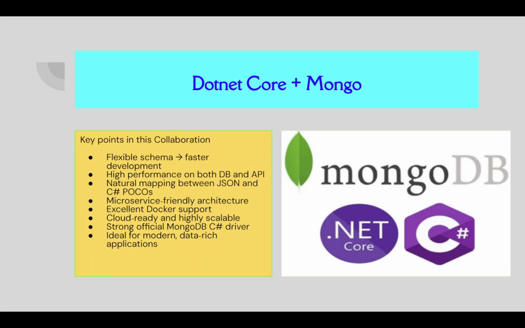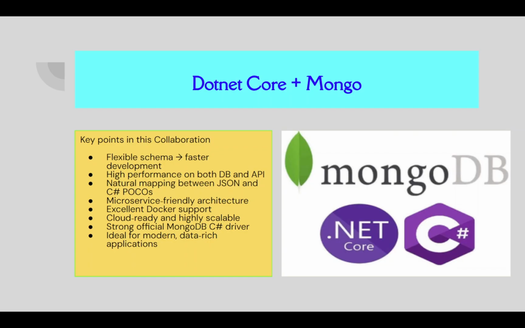And .NET Core is ideal for rapid prototyping, if you're developing rapid prototyping applications, and if you're developing agile kind of applications. And when the data changes frequently, then this combination will be very suitable.